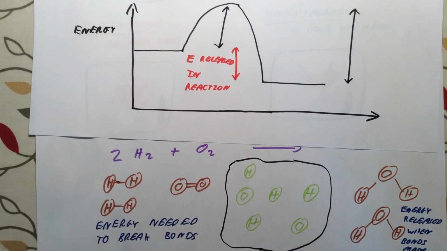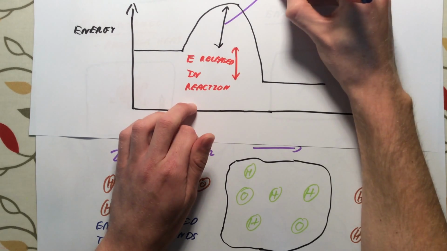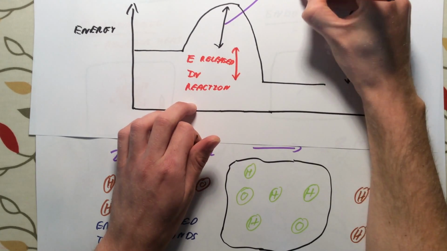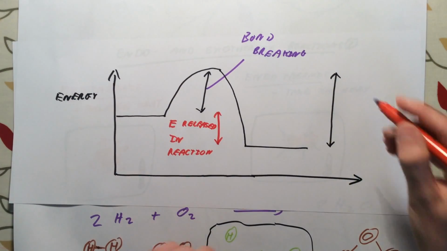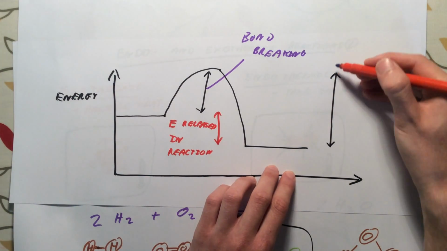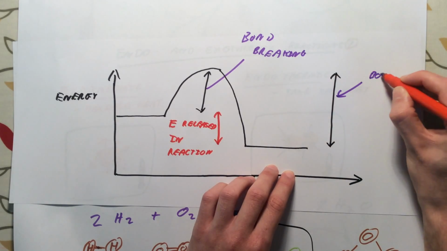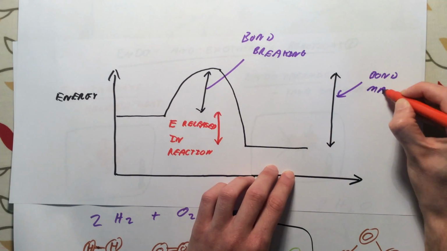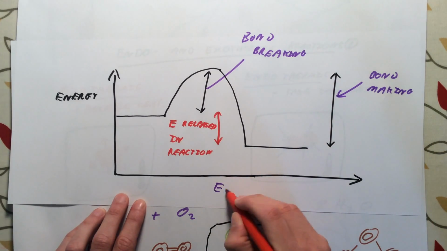Okay, so let's label these up as well. This is showing your bond breaking. And this arrow here, the difference between right from the top and then at the bottom would be bond making. And this would be an example of an exothermic reaction.